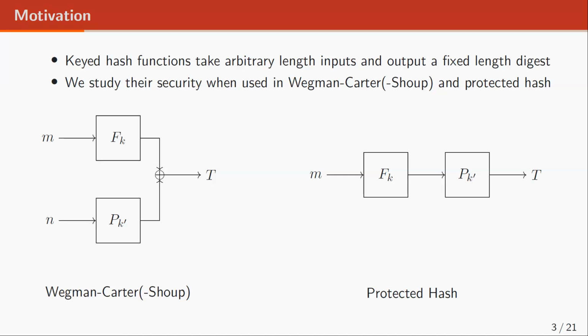Here Fk represents our keyed compression, and Pk' represents some function that satisfies some security. In the regular Carter-Wegman, we take the message, we compress it into a digest, and then we scramble the digest using a nonce and P.